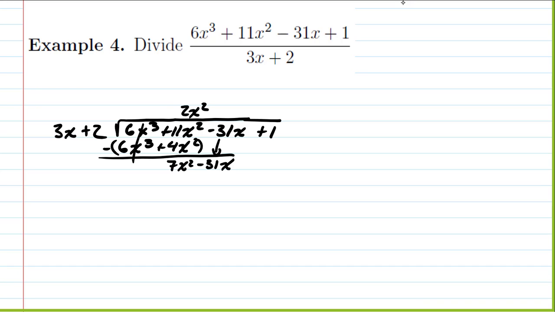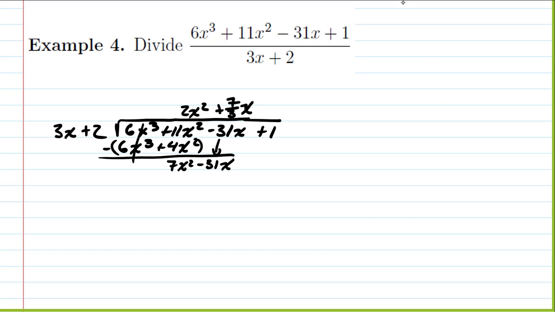All right, and now we have to ask ourselves, well, what times 3x gives us 7x squared? It's going to be 7 over 3 times x. Because if we multiply by the fraction 7/3, the 3 and the 3 in the denominator will reduce out, and what's the only thing that will be left behind? 7.